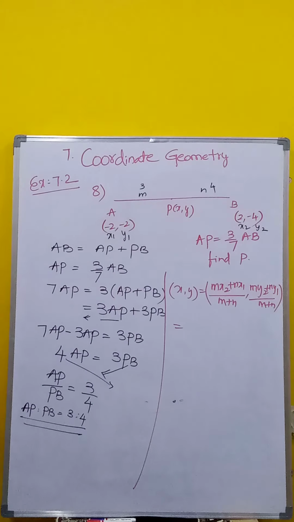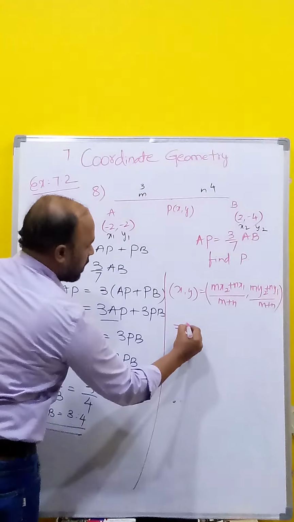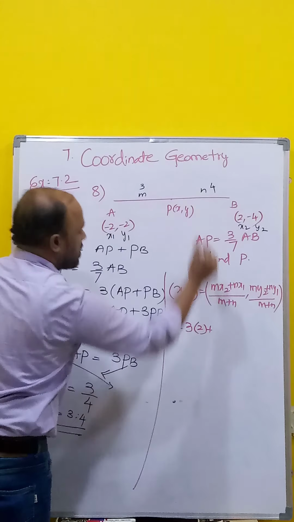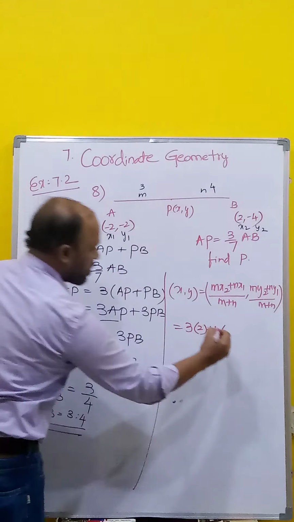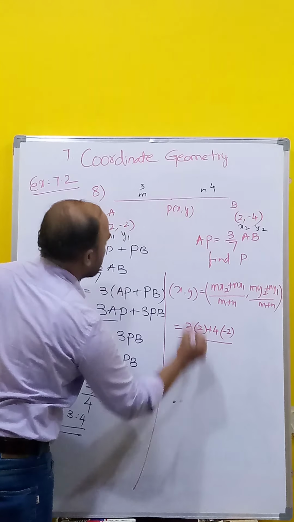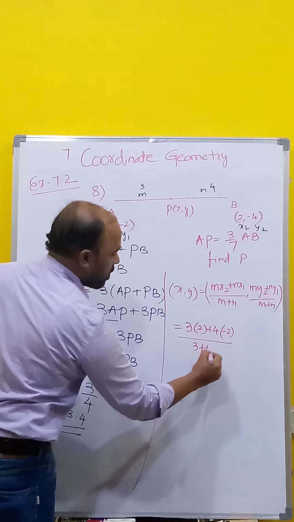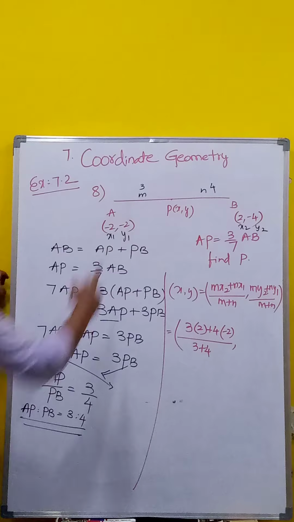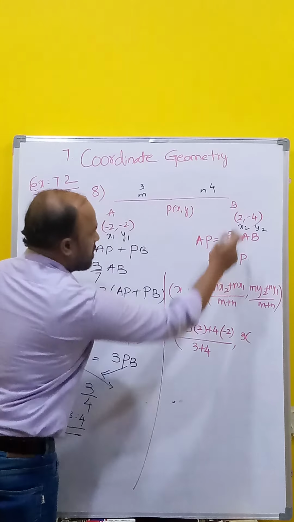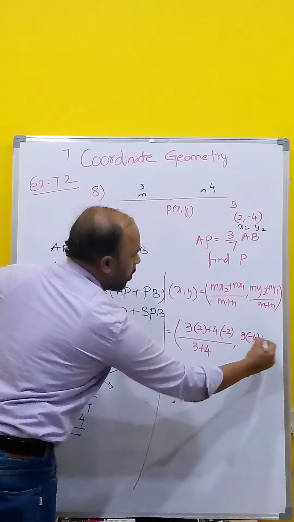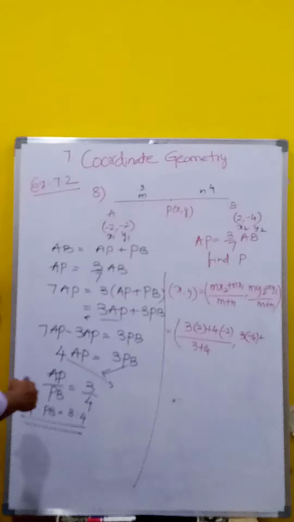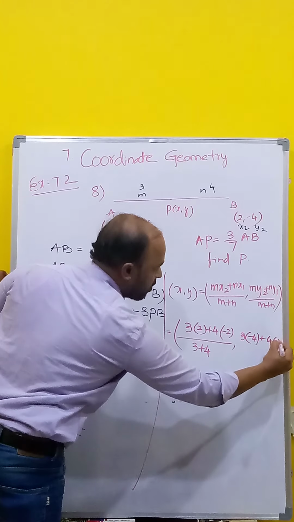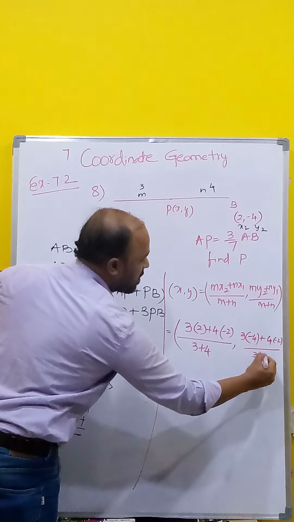Applying this: m value is 3, 3 into x2 value is 2, 3 into 2 plus n value is 4 into x1 is minus 2, divided by 3 plus 4. Now second coordinate: m is 3 again, y2 is minus 4, plus n y1, n is 4 and y1 is minus 2, again by 3 plus 4.